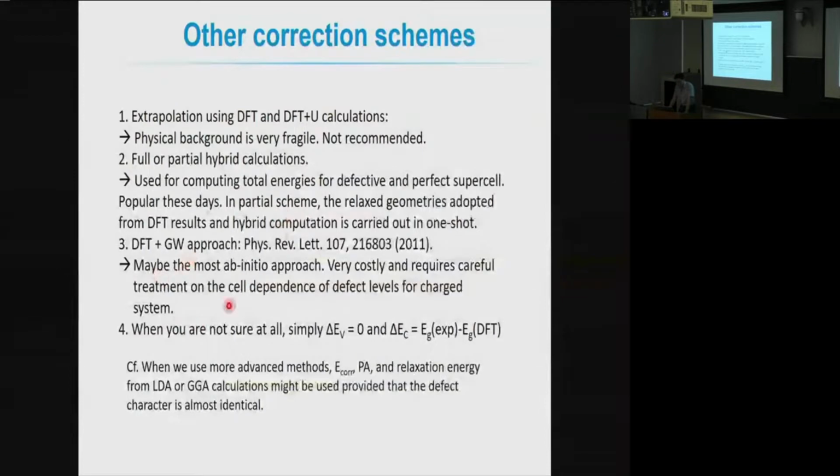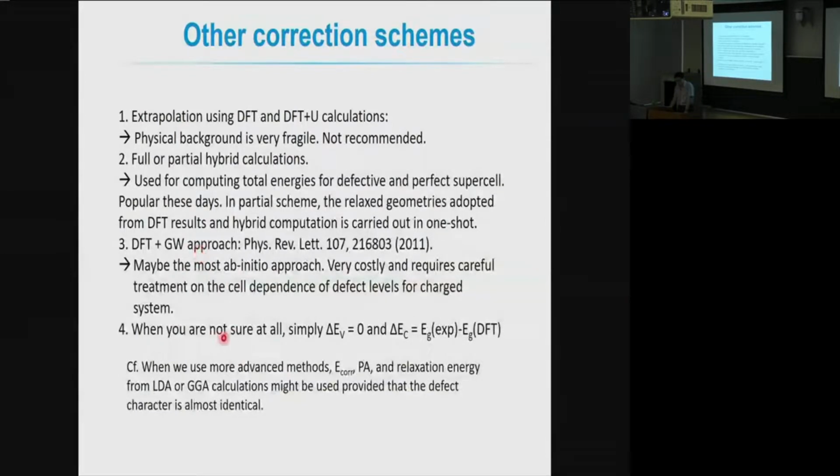Maybe the most ab initio approach is to combine DFT plus GW calculations, for instance, in this literature. This is very costly and requires careful treatment of the self-interaction of the defect level for the charged system. But once you can do it, then in principle it will give you very accurate defect level calculations. But it's very costly because GW is much more expensive than even hybrid functional calculations.